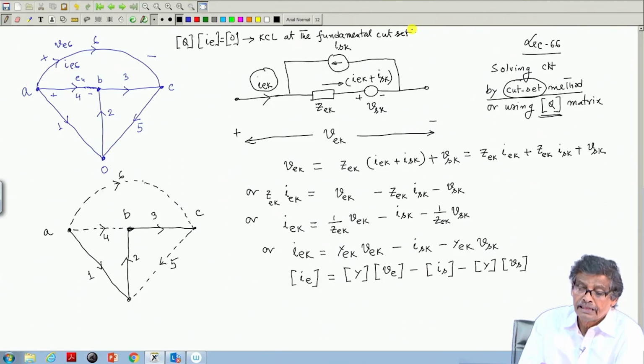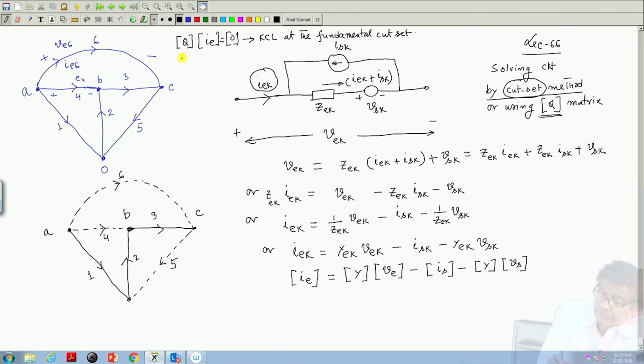This is known, and another relationship is known, that is Q transpose into the twig voltages is equal to the element voltages. That is, if you know the twig voltages, you know all the element voltages, and if you know all the element voltages, node voltages can be calculated and so on. So this is the fundamental equation to begin with.